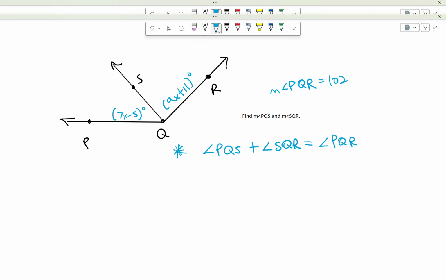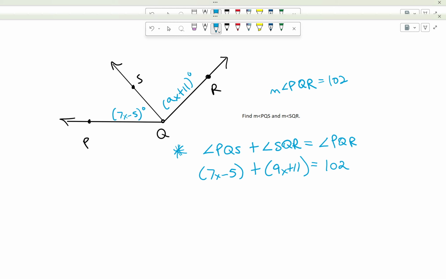We know that PQS, according to the diagram, is equal to 7x minus 5 degrees, plus SQR, which is equal to 9x plus 11 degrees. And then PQR, we're given up above, is equal to 102 degrees. Since we're working all in degrees, we don't have to write that down. And we're going to solve for x.